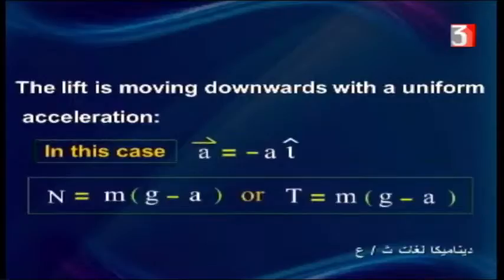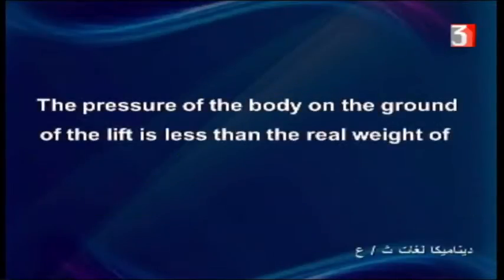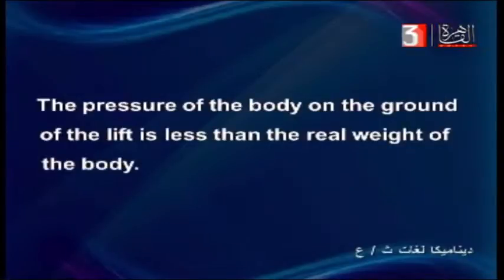We notice that the pressure of the body on the ground of the lift is less than the real weight of the body. Now we have three cases: the lift at rest or moving with uniform velocity, the lift moving upward with uniform acceleration, or the lift moving downward with uniform acceleration.